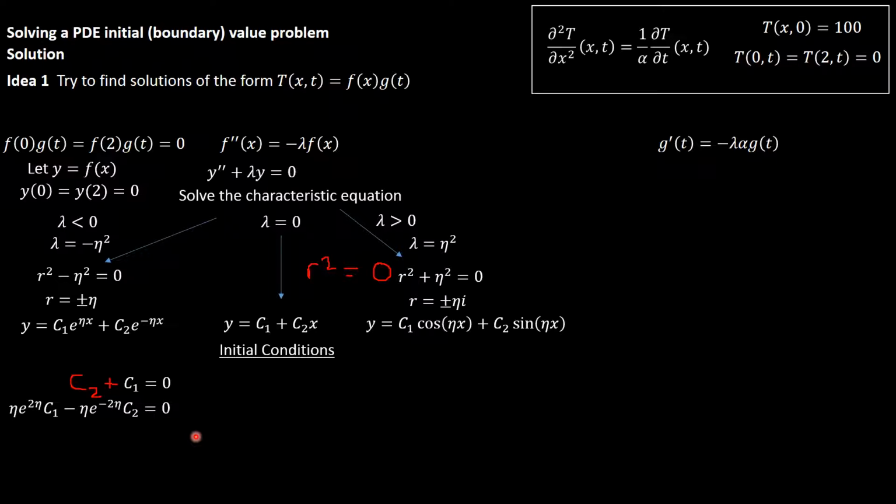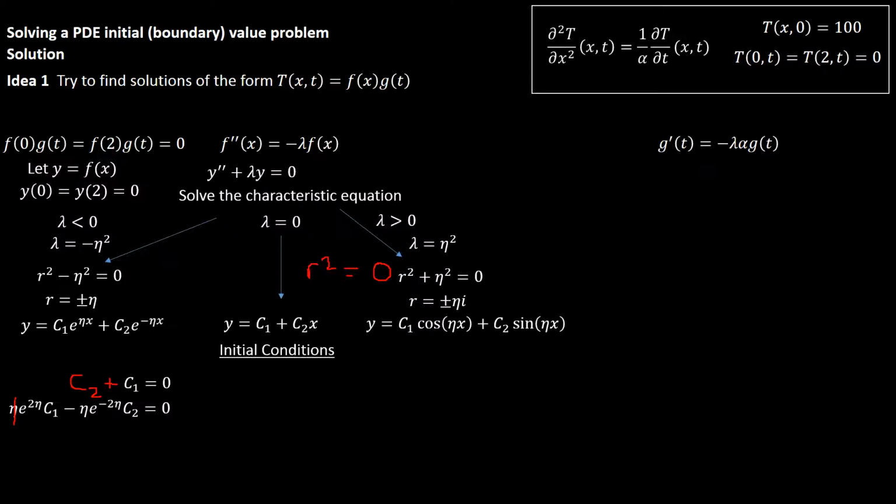If you plug in the other initial condition, y of 2 equals 0, then you get, oh my goodness, I'm sorry for these typos, you just get C1 e to the 2 eta.